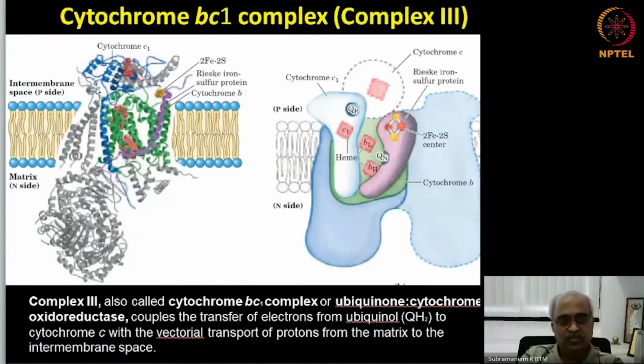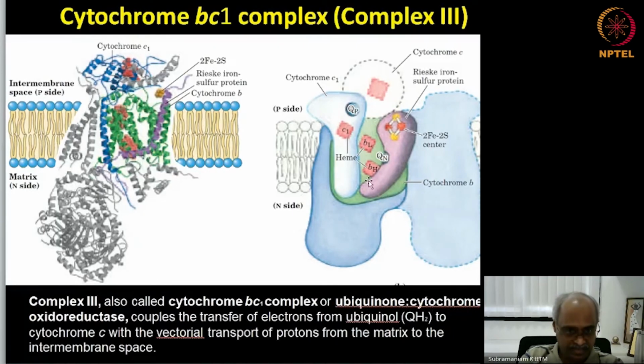So the electron flow is best understood by looking at this cartoon. In cytochrome B, the green one, you have the ubiquinone binding site. You have 2 sites, one in the C1 side, that is QP, meaning the positive side, and here the negative side, look at the matrix side, QN.